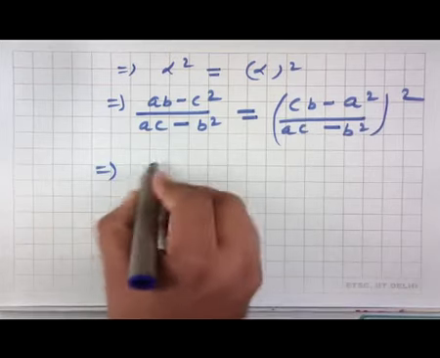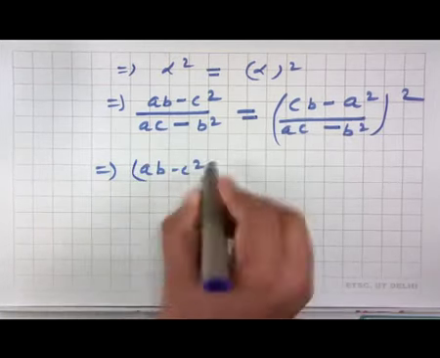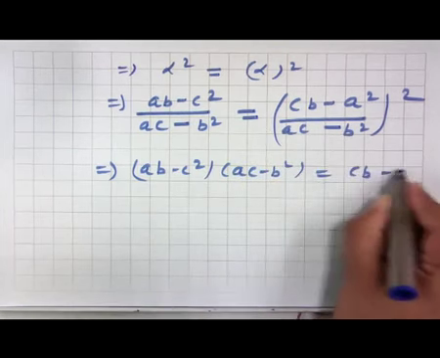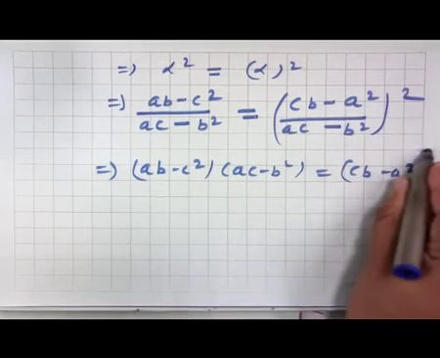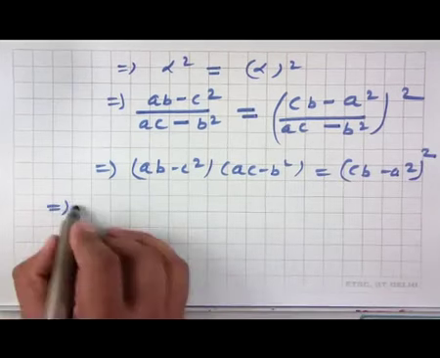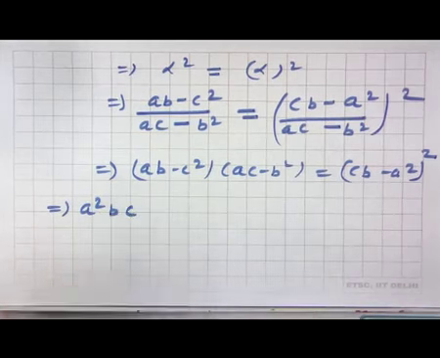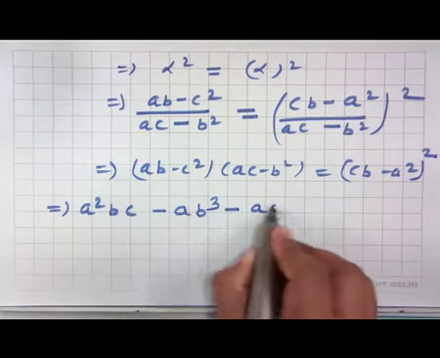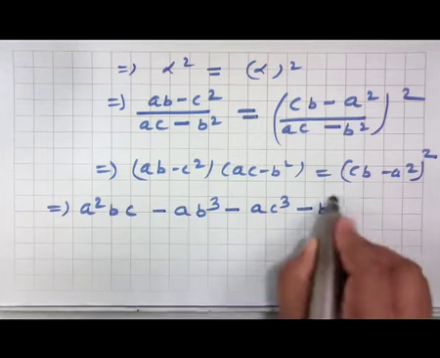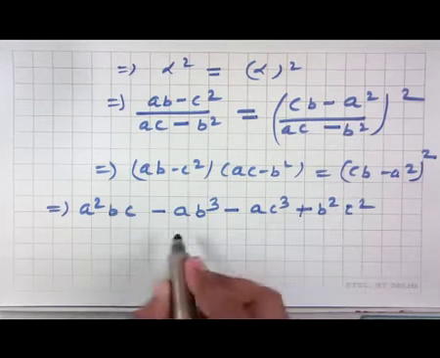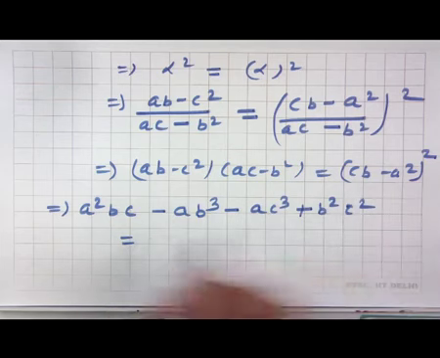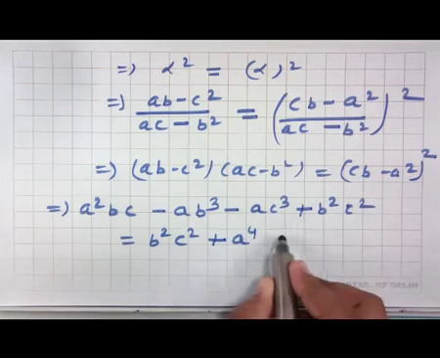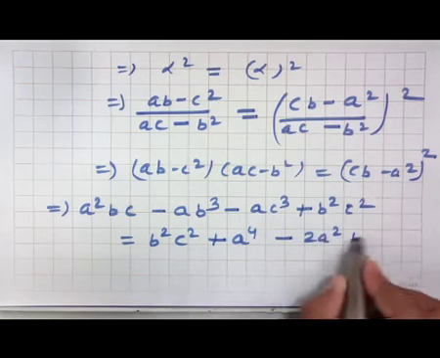It will be ab minus c square times ac minus b square equals cb minus a square, whole square. It will be a square bc minus ab cube minus ac cube plus b square c square equals, now let us expand it, b square c square plus a to the power 4 minus 2a square bc.